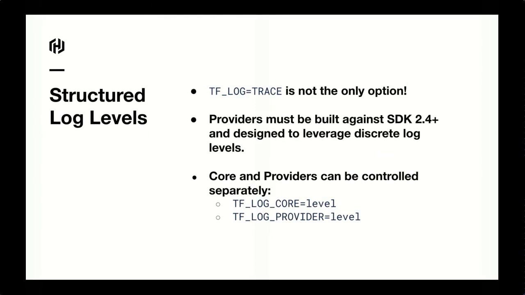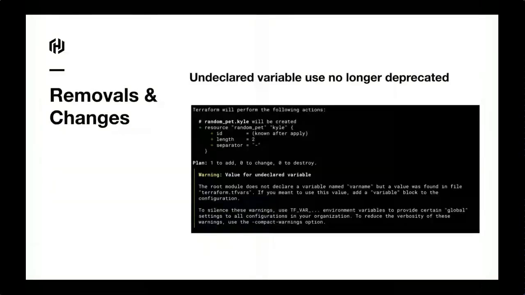Because Terraform 0.15 really is about us making motions toward Terraform 1.0, there are a number of removals and changes that are worth taking note of. The biggest one is actually a deprecation. A lot of customers, practitioners, and organizations are quite happy with a pattern where a file filled with variable values is not consumed in its entirety by a Terraform configuration.